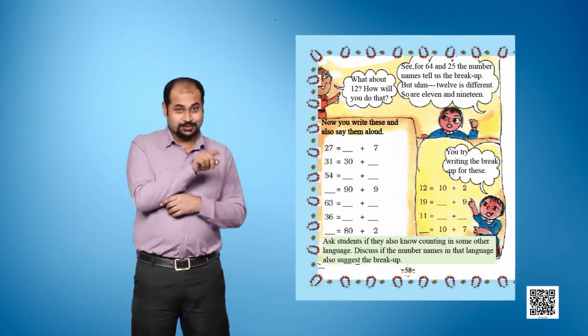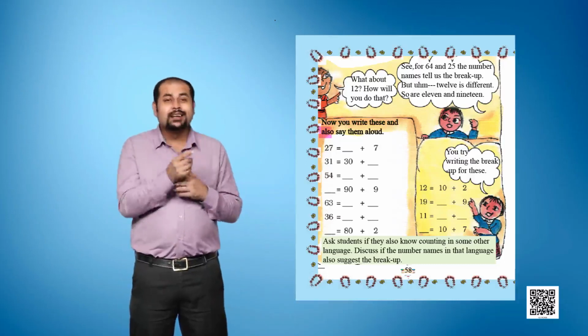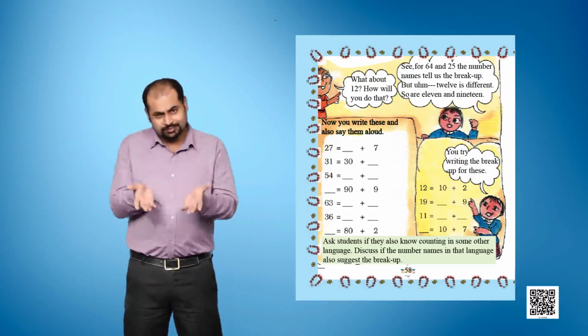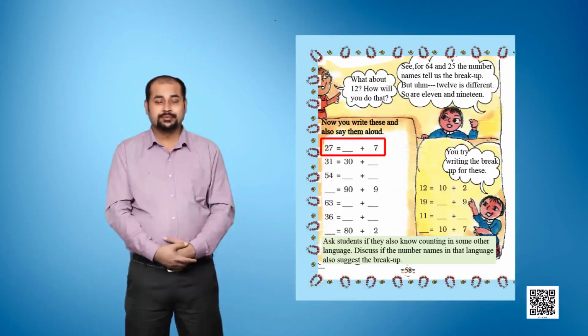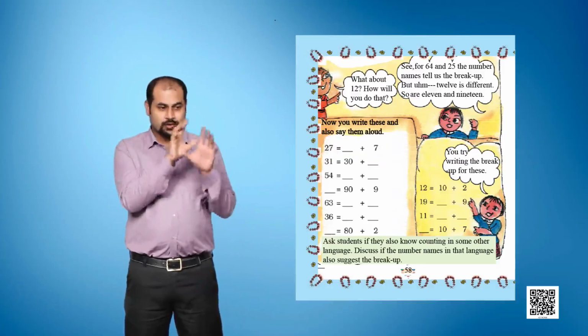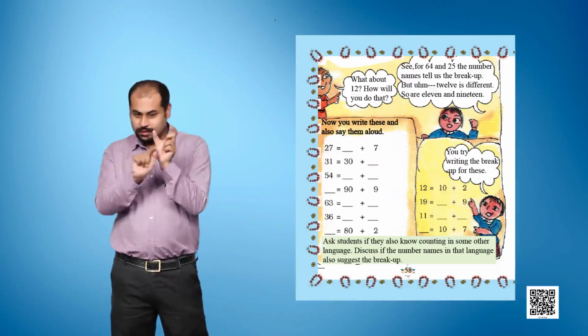Part 2. Now you write these and also say them aloud. Question 1. 27 is equal to dash plus 7.